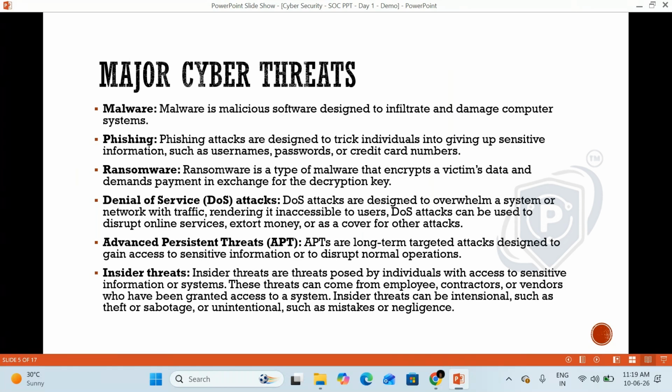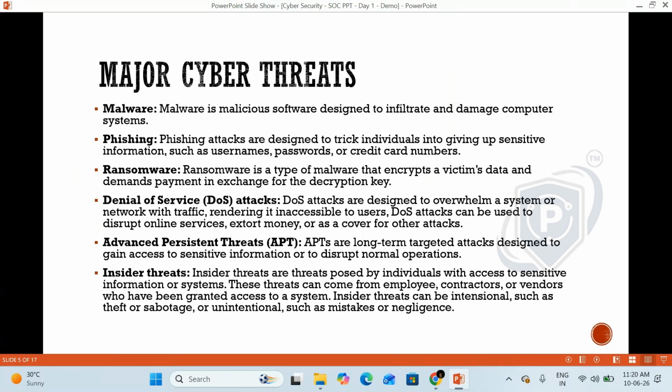A DoS attack is done with one computer. A DDoS attack is done with multiple systems, which is also called a botnet. They disturb the online services by attacking with multiple systems. It is also called a zombie attack.